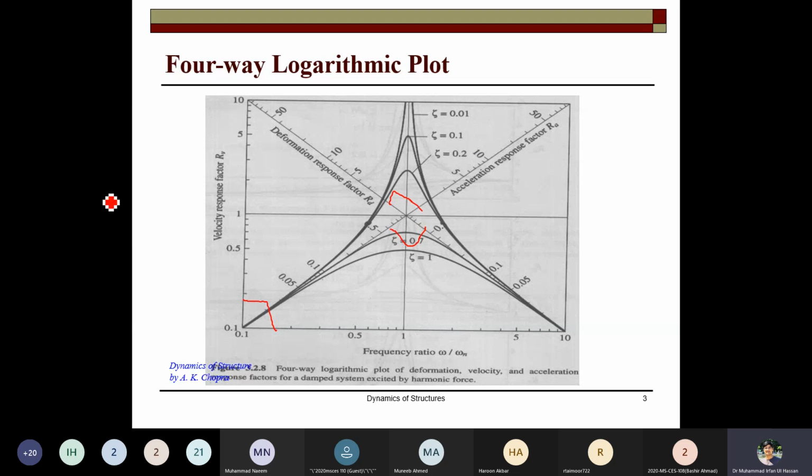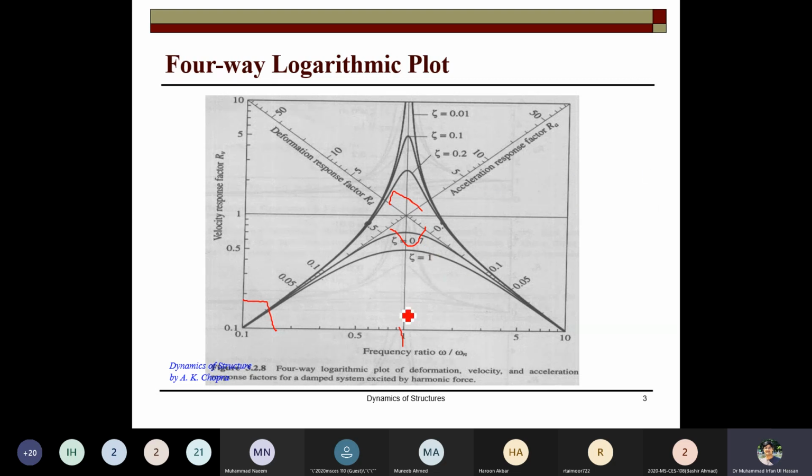So this plot is available in your books, available on the internet. This is such a good graph that for any frequency ratio you can check the three things simultaneously. How can you check all the things simultaneously for any frequency ratio?